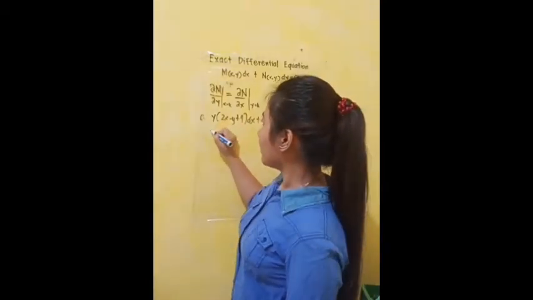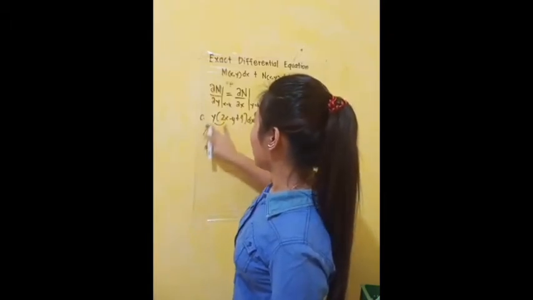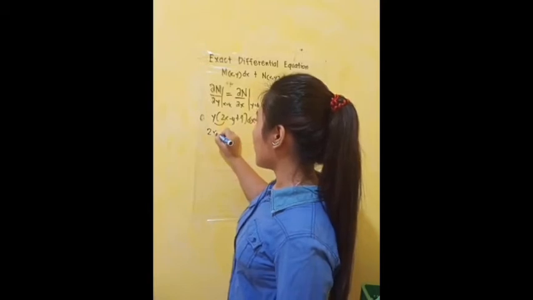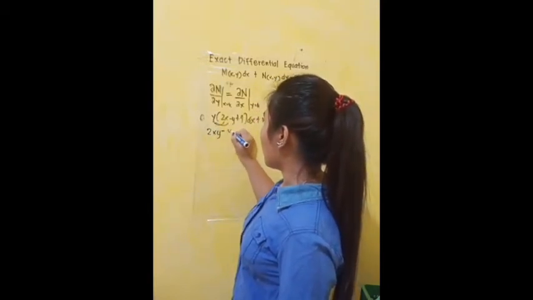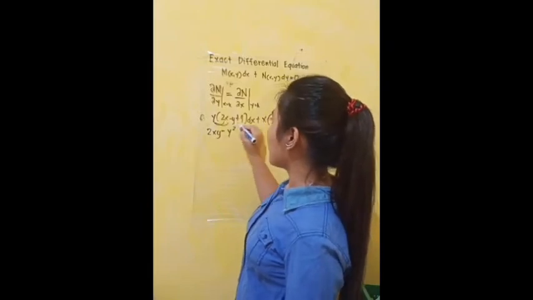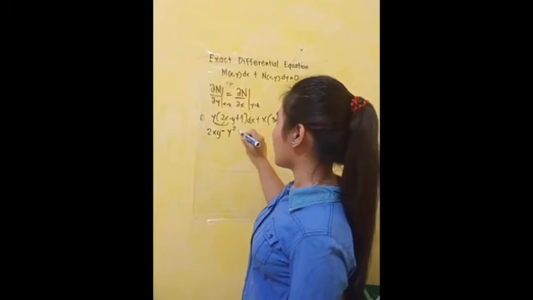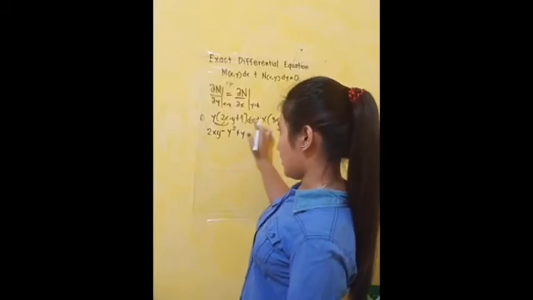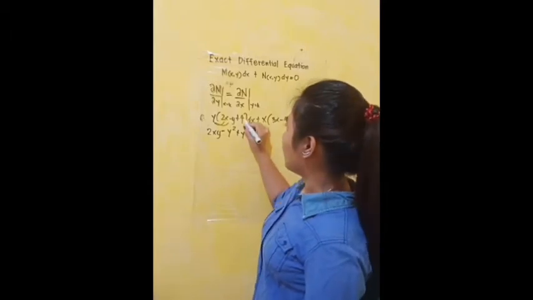So, magiging 2xy minus y squared, tapos plus y. Kasi invisible na yung 1.